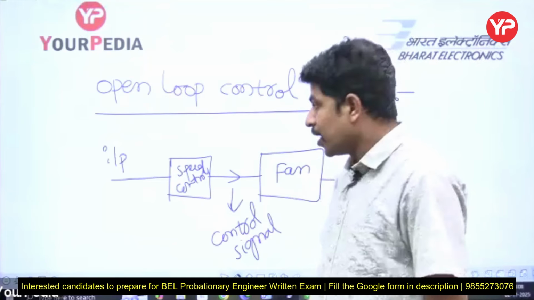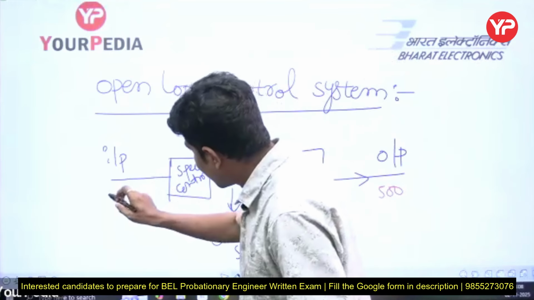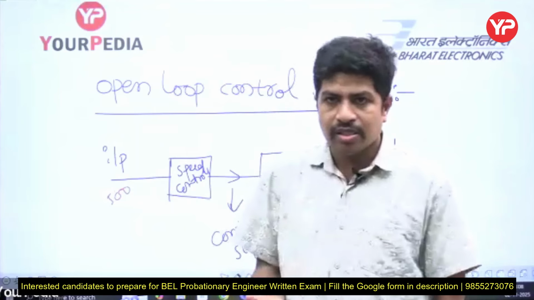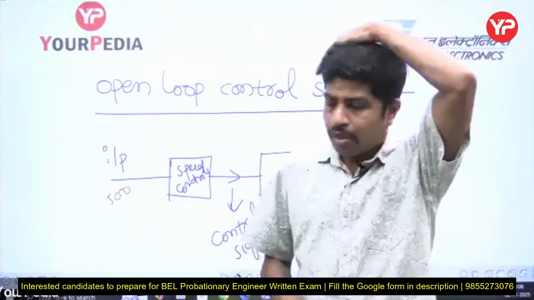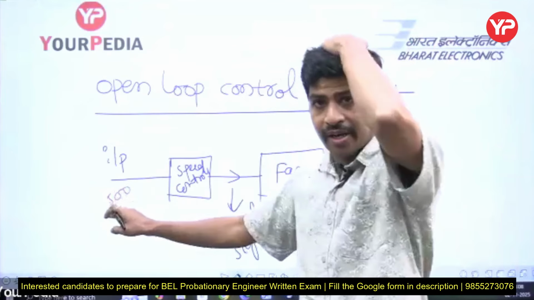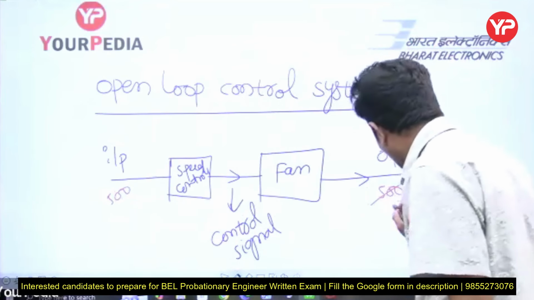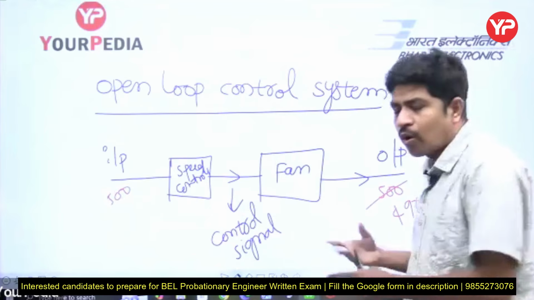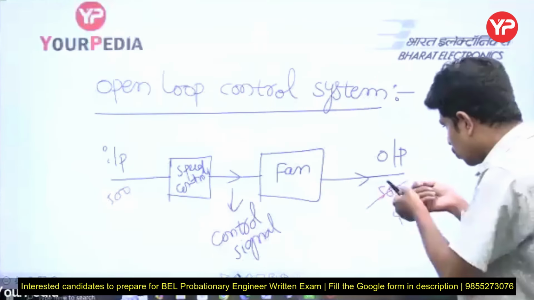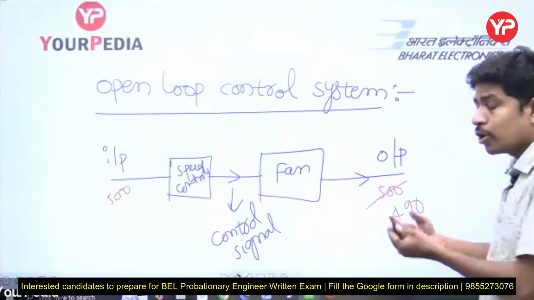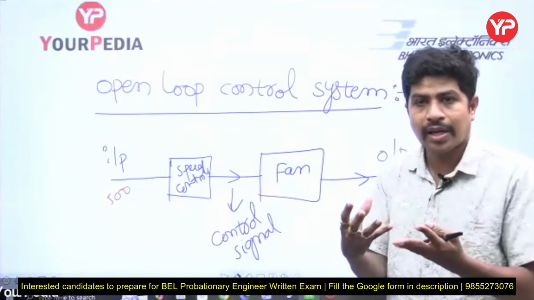My input is for 500 rpm, meaning I am giving voltage in such a way that my fan is going to rotate at 500 rpm. But the output may be 490 only. We don't know. If you measure with a tachometer, it is showing 490.